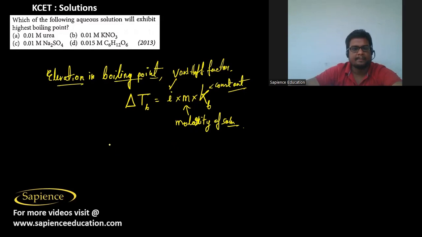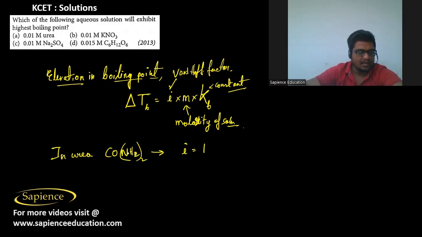Now, in urea, which is CONH2 whole 2, the value of the Van 't Hoff factor I will be 1 only, since no ions are formed.